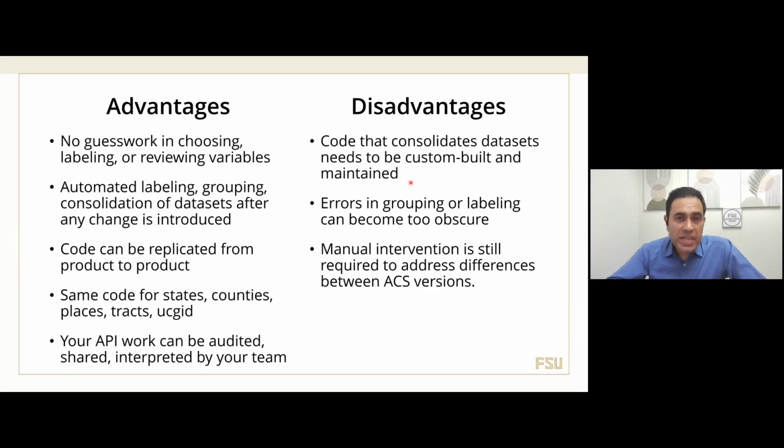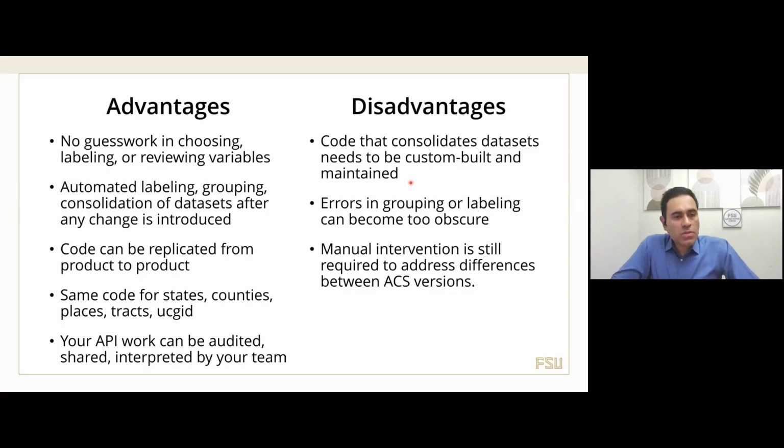We are also automating the work of labeling, grouping, consolidating data sets. And in particular, we are able to reproduce or repeat that work after any change introduced, either by implementing a new version of the product or responding to a new release of the ACS. We can also replicate the code from product to product.